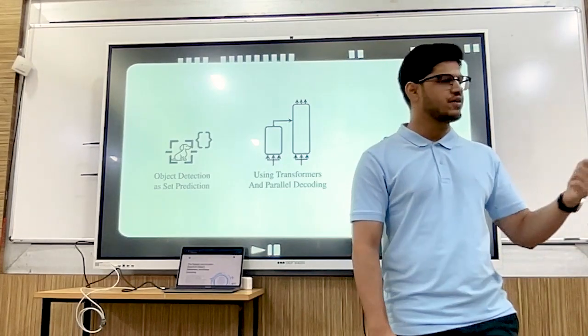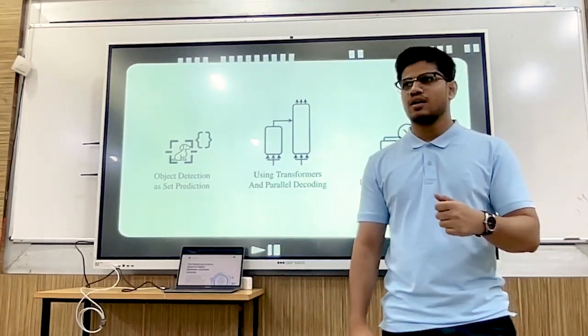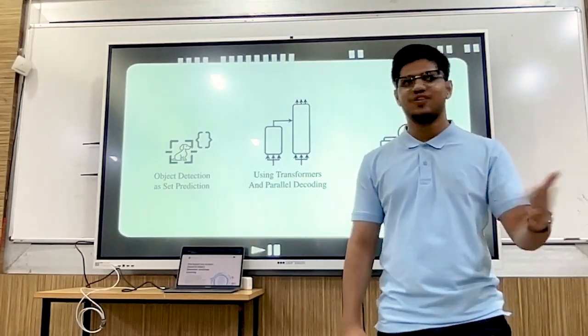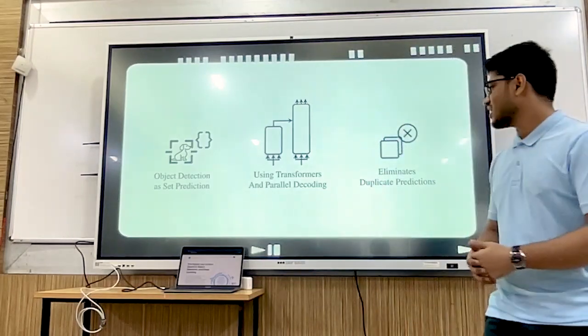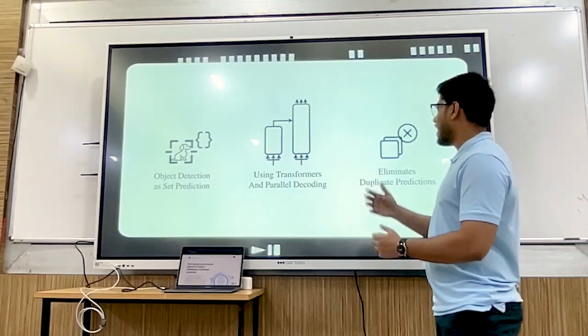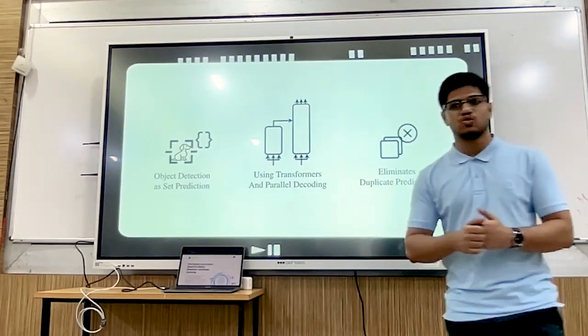It can be image classification, object detection, translation, whatever you feed into ChatGPT, those are transformers at the end of the day. Okay. And what it ultimately achieves as a result of using these two is it eliminates duplicate predictions.